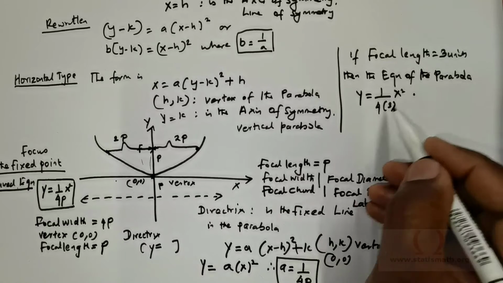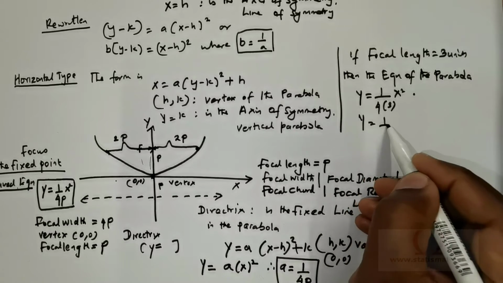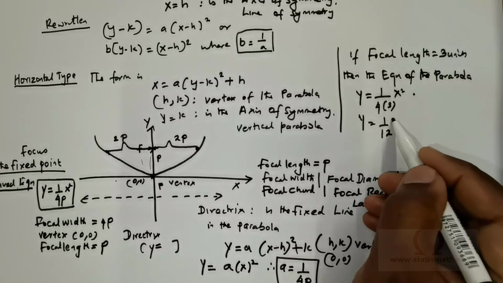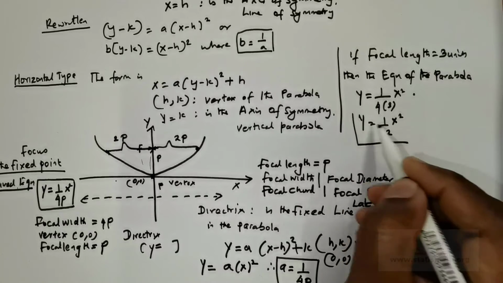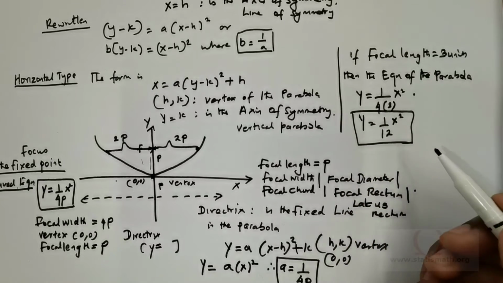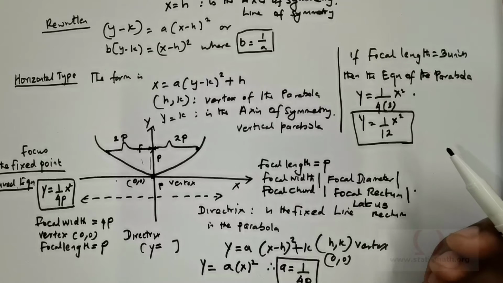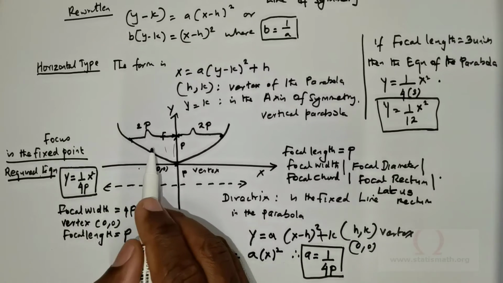So that would mean y is equal to 1 over 12 times x squared. So this is going to be the equation of the parabola in this situation.